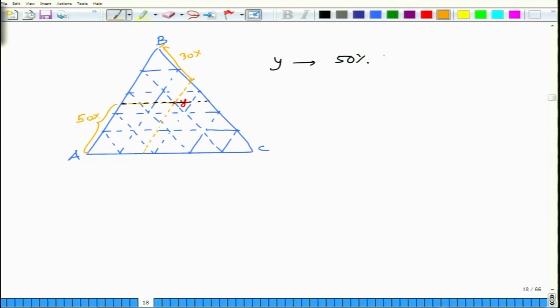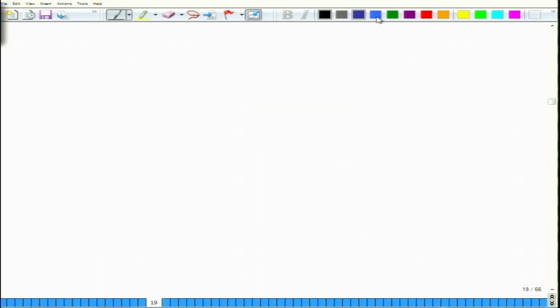So I have 50% of B, 30% of C, and what it means is that the alloy has 20% of A. So this is how you determine the composition of an alloy in a ternary phase diagram. Now let us learn about certain rules in ternary phase diagrams, or conventions rather than rules.